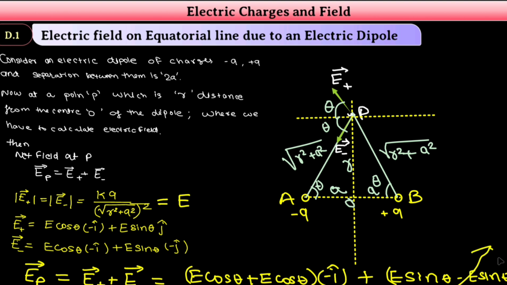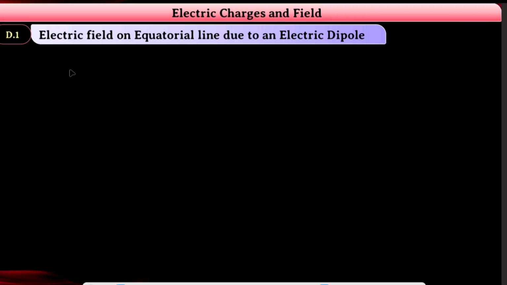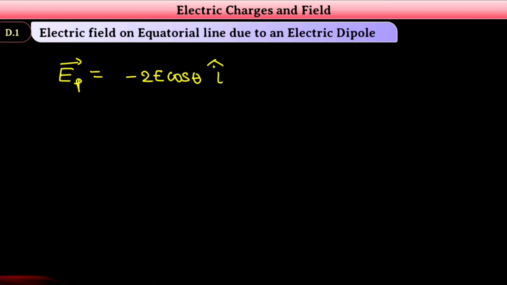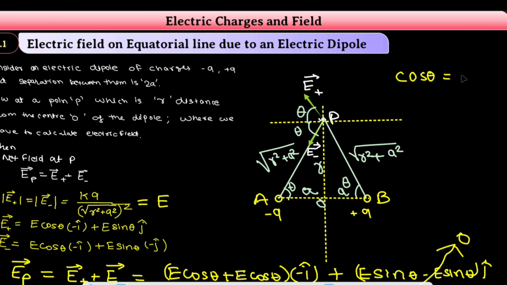This will come out to be 0. Now EP will be equal to minus 2E cos theta i cap, and cos theta can be written as B by H.